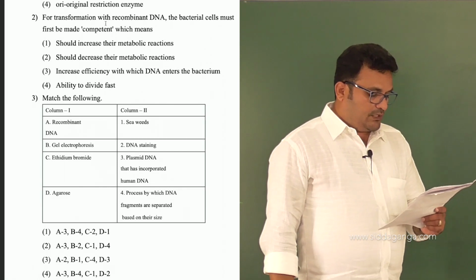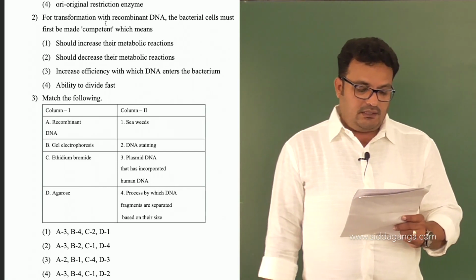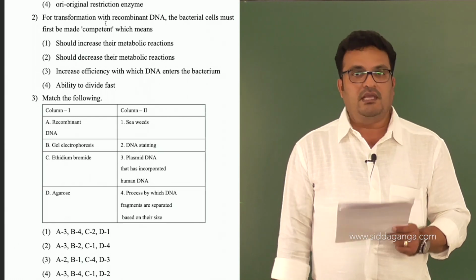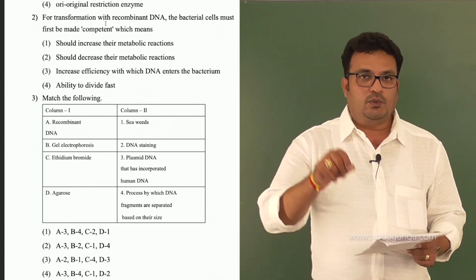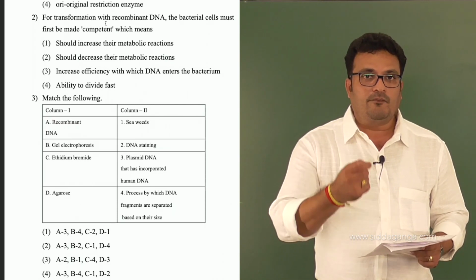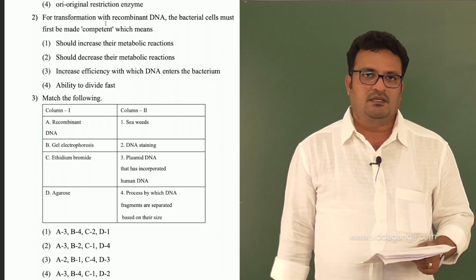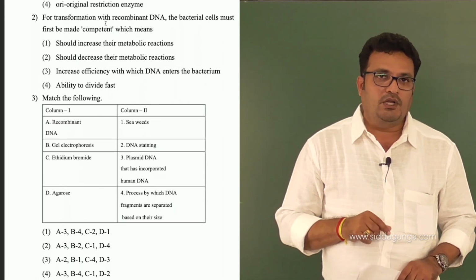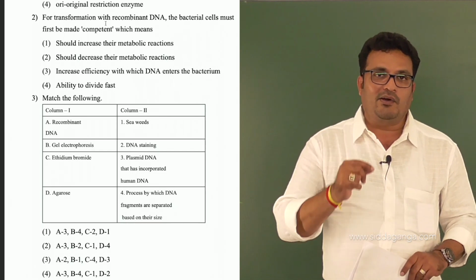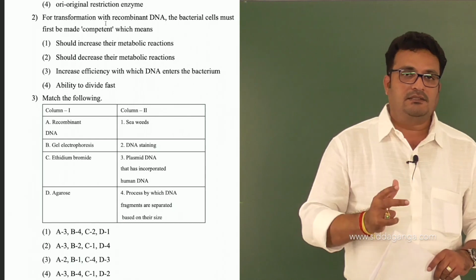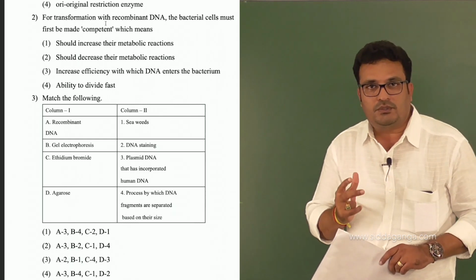For transformation with recombinant DNA, the bacterial cells must first be made competent, which means what? As I told you, DNA is a hydrophilic molecule. DNA is negatively charged and hydrophilic, so it cannot enter the cell, as it cannot pass through the cell membrane.